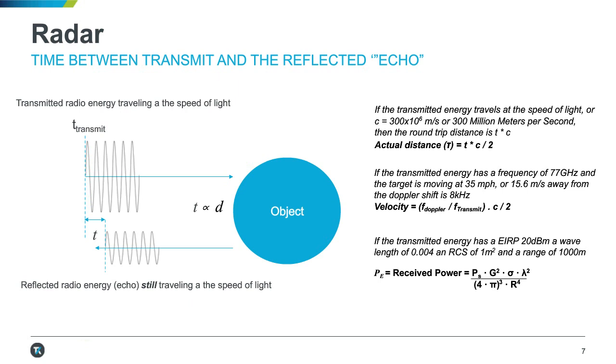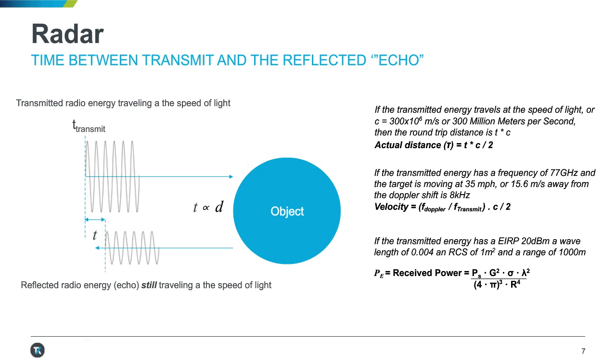The distance is equal to the time it takes the signal to bounce off the object and come back, times the speed of light, divided by 2, because of course it's a round trip and we're only interested in the time it takes the signal to bounce back.